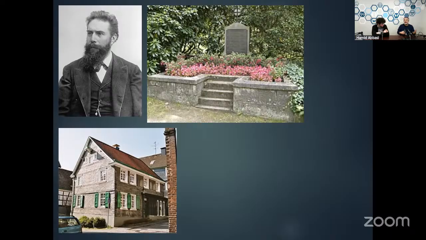Now, he started experimenting with this vacuum tube from Faraday. And guess what? He had the photographic plates on the other side of his kitchen or basement, wherever. And he noticed that when he uses that, the photographic plates are activated.